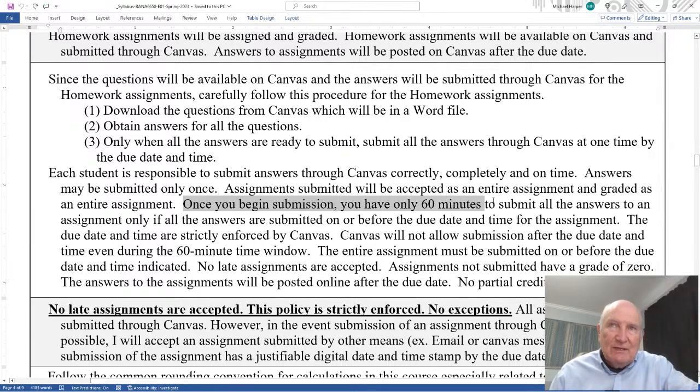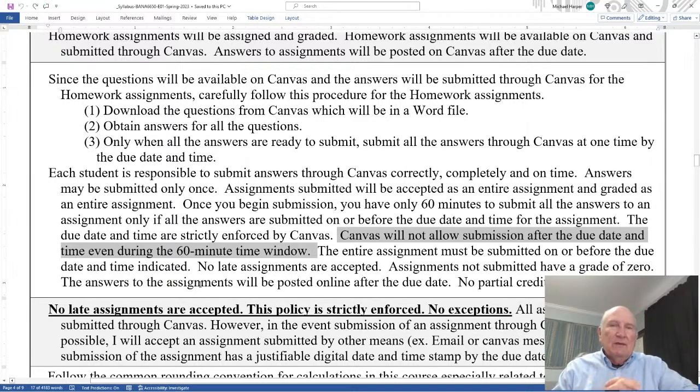You have only 60 minutes to submit all the answers to an assignment, only if all the answers are submitted on or before the due date and time for the assignment. The due date and time are strictly enforced by Canvas. Canvas will not allow submission after the due date and time, even during the 60-minute window.